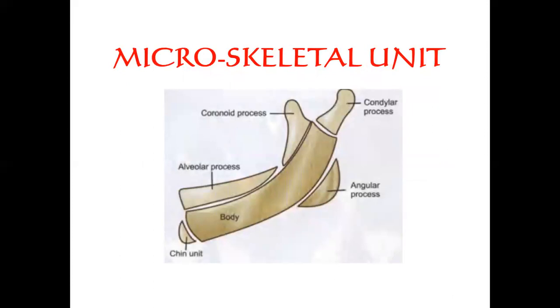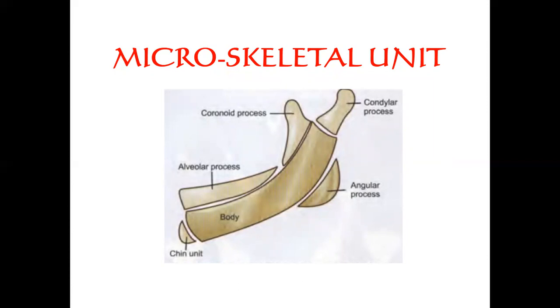The example for microskeletal unit is maxilla and mandible. When you look from the outside, we imagine maxilla and mandible as a single skeletal unit, but they are made up of many small skeletal units that combine together to form the entire maxilla and mandible.